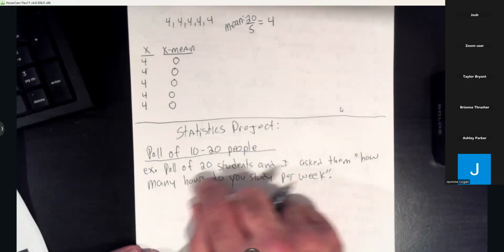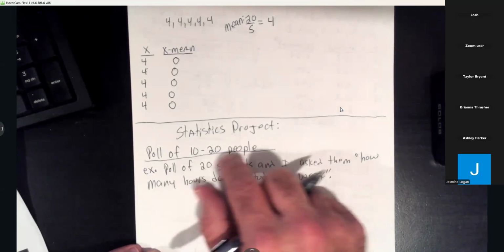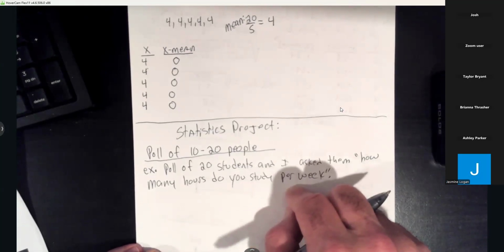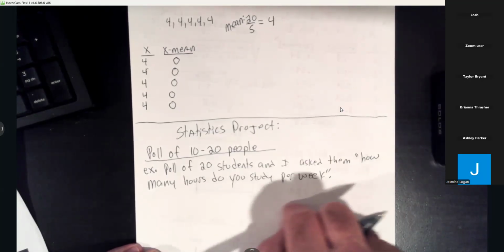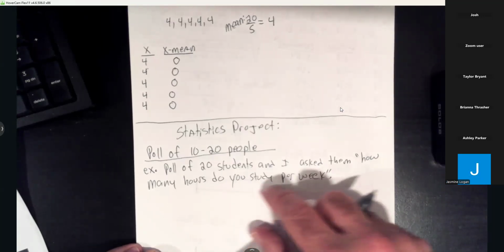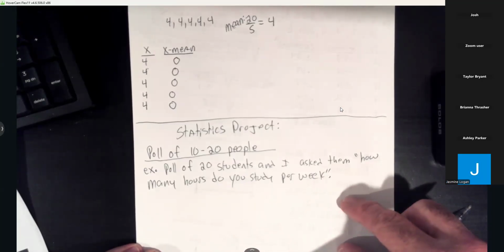And I'll sort of help you to see if it's a good question or not to ask. You can ask people, how much did you pay for your shoes? How much did you pay for your phone? Anywhere where you can get data. How much do you spend on groceries a week?